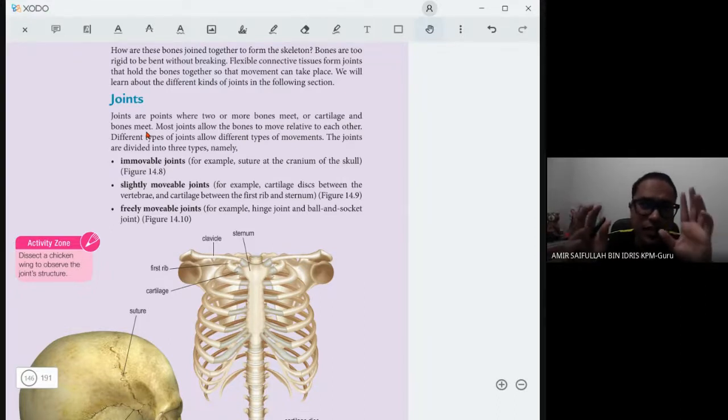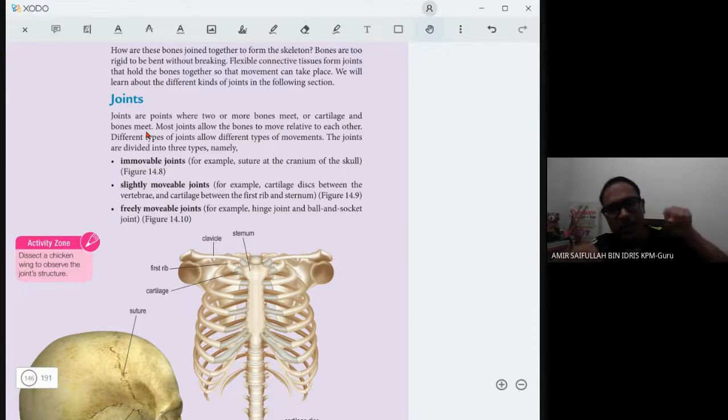Cartilage is like, you know when you eat a chicken drumstick, there is a white part.